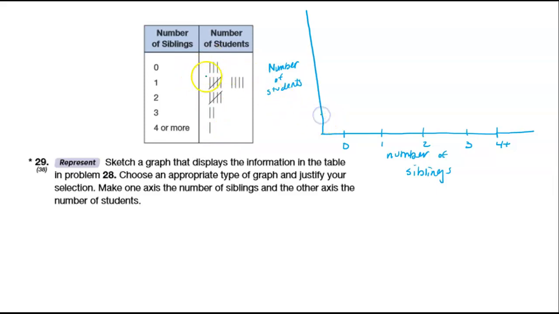Well, what's the most that we have? 9. So let's see, that's going to be 1, 2, 3, 4, 5, 6, 7, 8, 9, 10. Okay, so we had 3 people with 0. So I'm going to go ahead and do my little bar graph here. And then we had, it looks like, 9 with 1 sibling. So let's see, that's going to be like right.